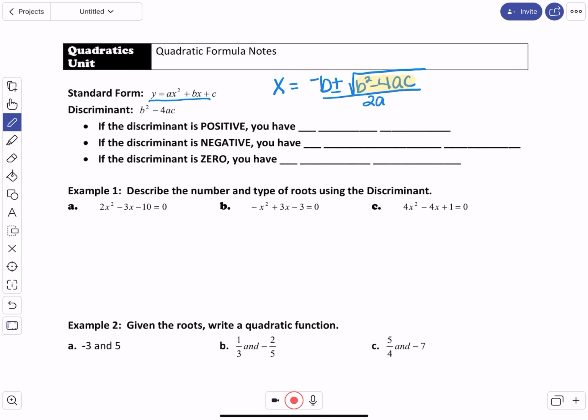So just doing the b squared minus 4ac, plugging into that formula, if the discriminant is positive, what that means is you will have two real solutions. If it's negative, if you get a negative number, it means you will have two imaginary solutions.